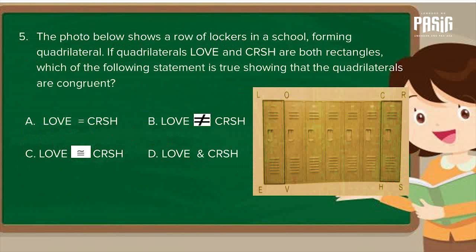Number 5. The photo below shows a row of lockers in a school, forming quadrilaterals. If quadrilaterals LOVE and CRSH are both rectangles, which of the following statements is true, showing that the quadrilaterals are congruent?